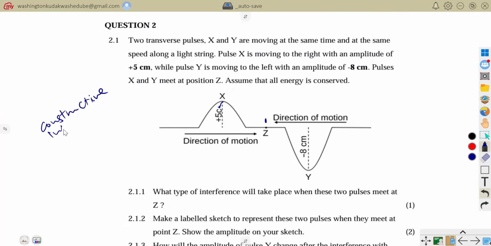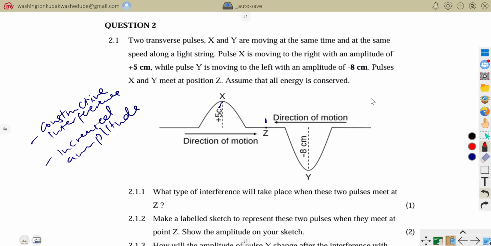Constructive interference is when two pulses meet and there is increased amplitude. Whenever two pulses meet and there is increased amplitude, you know that you have constructive interference.